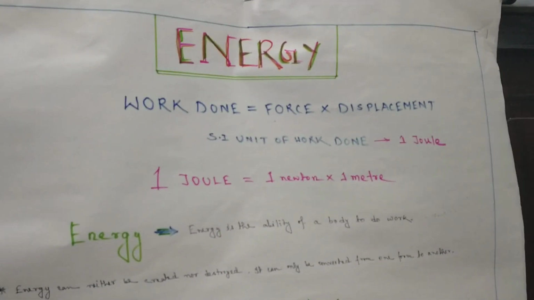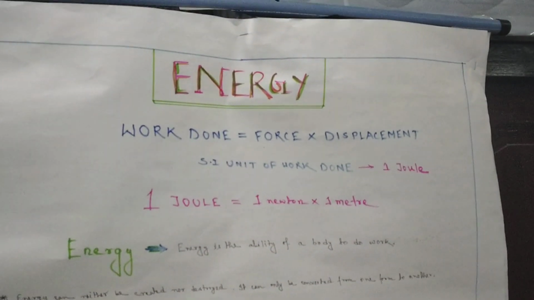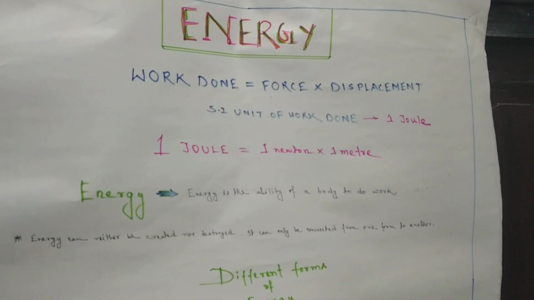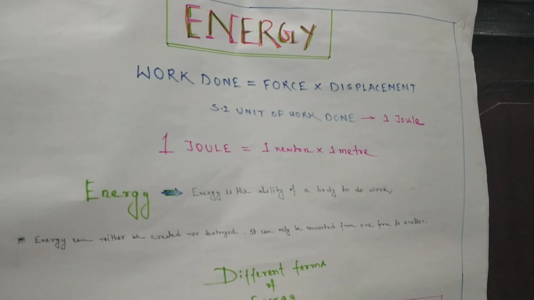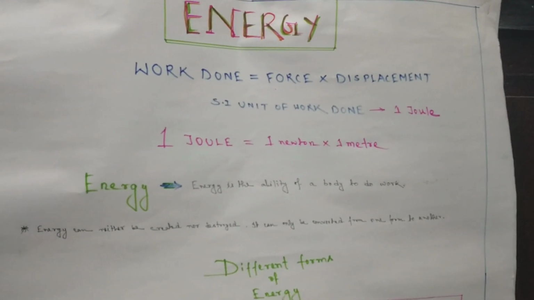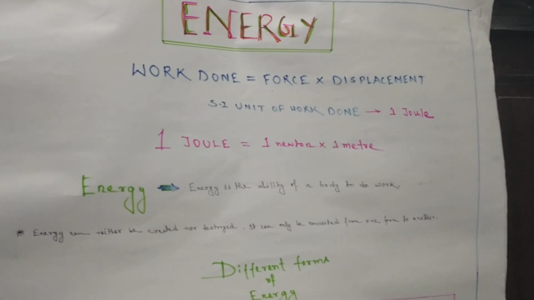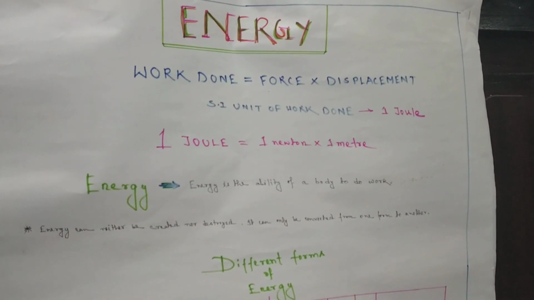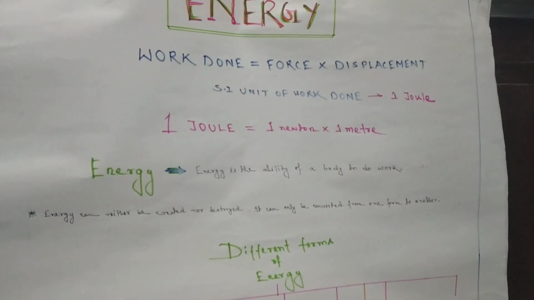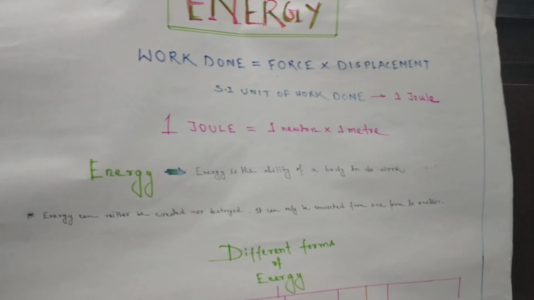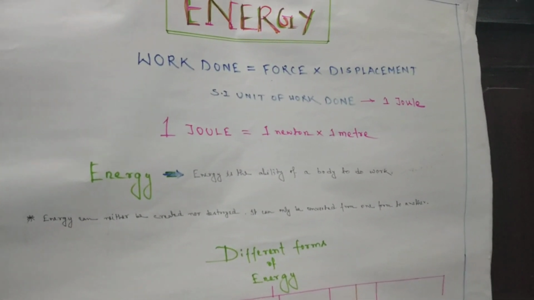Now, what is energy? Energy is the reason behind any work. We cannot measure directly any energy, so we measure the work done by that energy, and that will be the measure of that energy too. So the SI unit of energy is also joule.